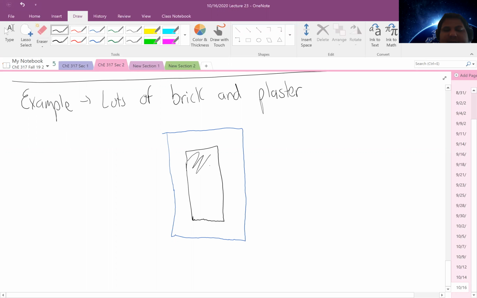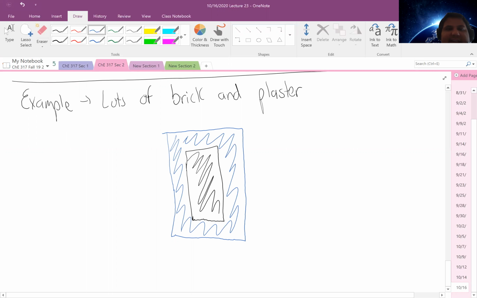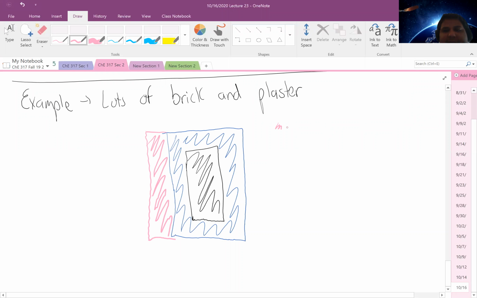So this is going to be the brick, this is going to be the plaster. And on one side, the inner side of the plaster, we have an extra layer of foam. So we have foam, plaster, and brick.